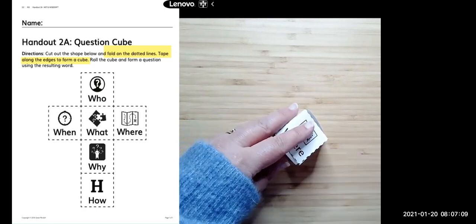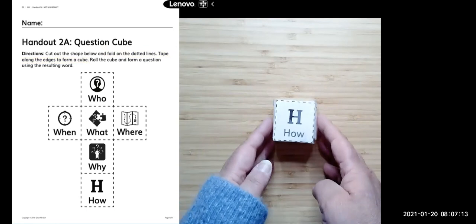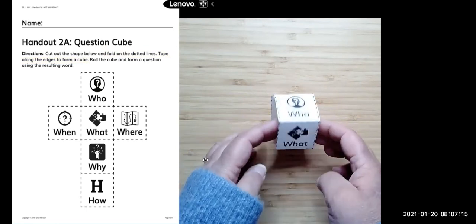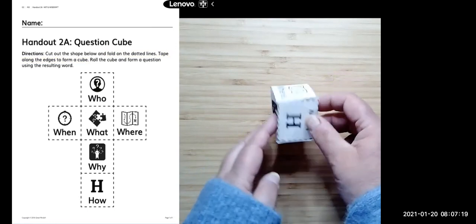When it's all finished, we can see our question words: how, who, what, why, where, and when. Pause here to create your question cube. And remember, you can always go back on the timeline to watch the video for putting the cube together. Again, just hit play when you're ready to continue.